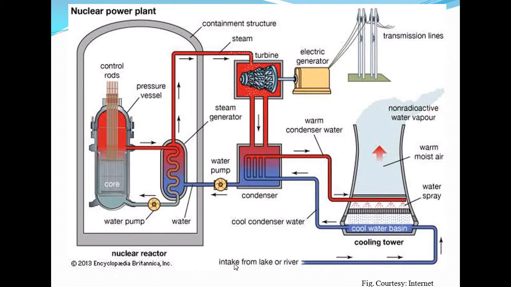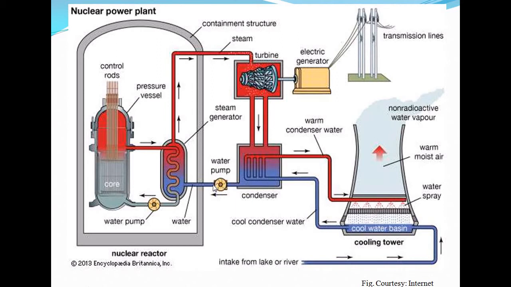Now the process will start from here. Intake from the lake or river, here you can see. Then there is a cool water basin. After that, water will come into the condenser, here you can see. Through this condenser there is a water pump.